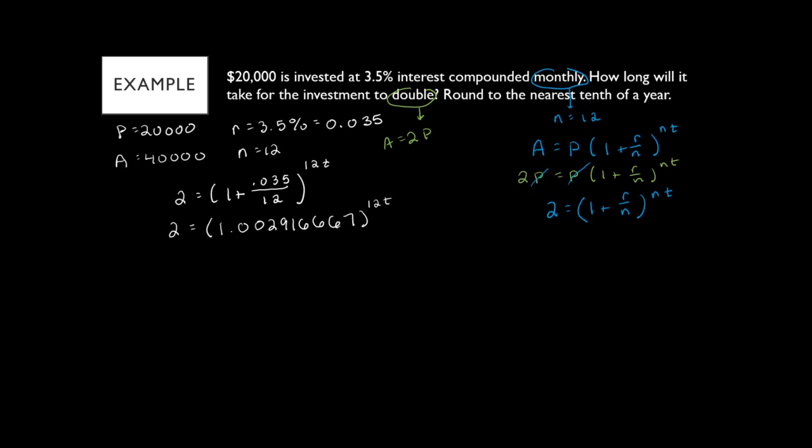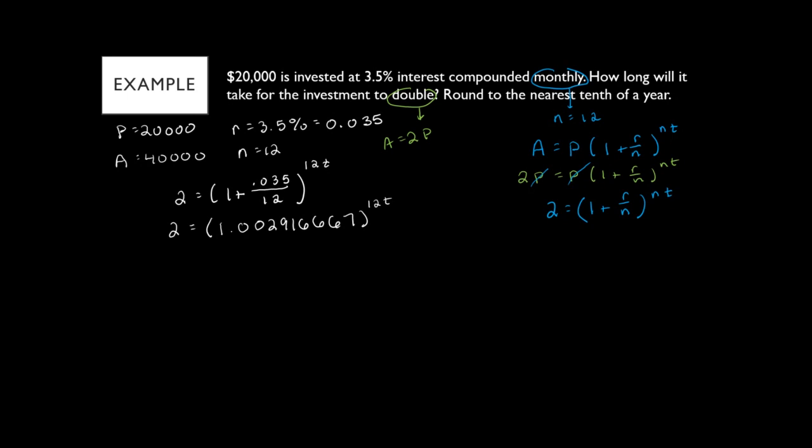So we want to get the t out of the exponent. We've got 12 times t. We're not going to take the log of base 1.002916, whatever. That's just going to be gross. So we have 2 choices. We can take the log base 10 of both sides, or we can take the natural log on both sides.